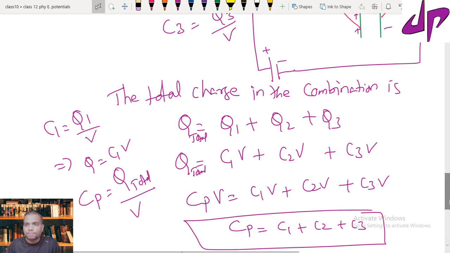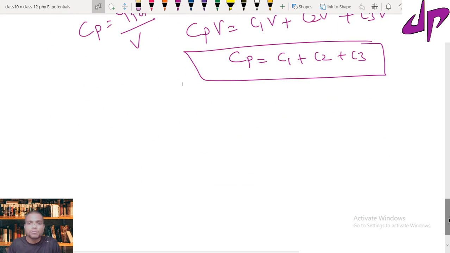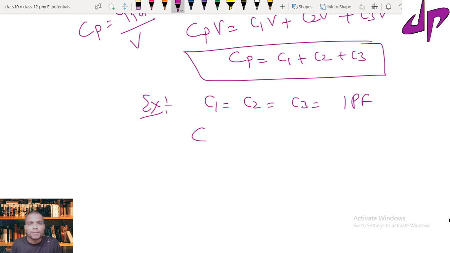Let's see an example. Suppose C1 equal to C2 equal to C3 equal to 1 picofarad. What is the total capacitance in parallel? In the parallel combination, Cp equal to C1 plus C2 plus C3.